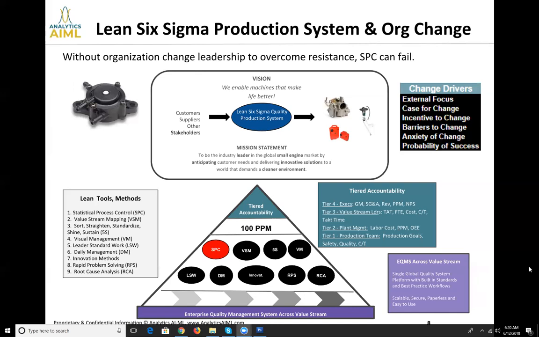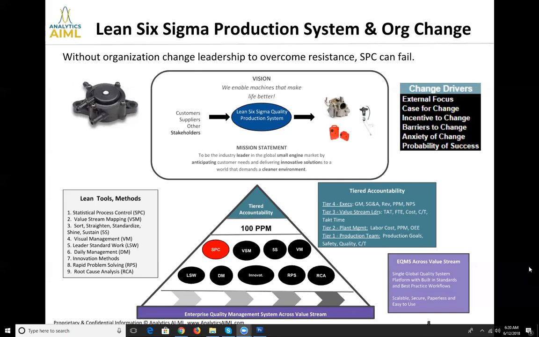We get there by turning inputs into outputs. The outputs, in this case, are the carburetors, the small engines, the fuel tanks, those sorts of things. Those are the outputs we're trying to provide to a customer. But to achieve that, we have to know something about the customer, the voice of the customer, and about stakeholders and suppliers that are part of our system.